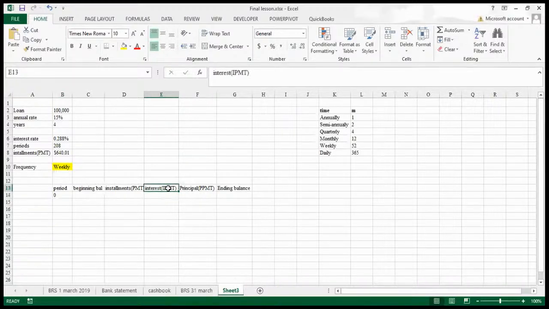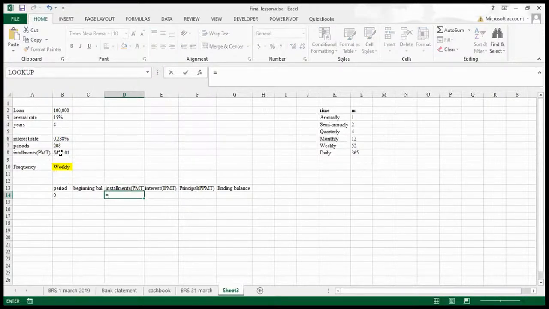We want to automate it by using IPMT to automatically get the interest. Installments will not change, so it will be the same throughout, and therefore we'll say equal to our installments and fully dollar reference it, FN, F4. It will be the same thing all through.